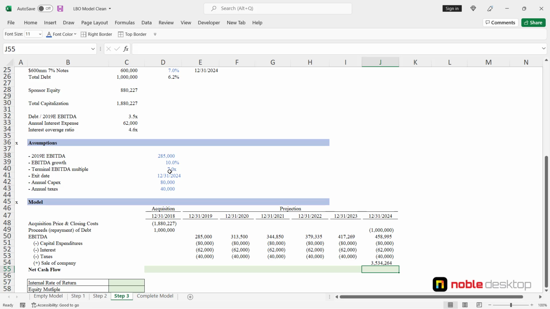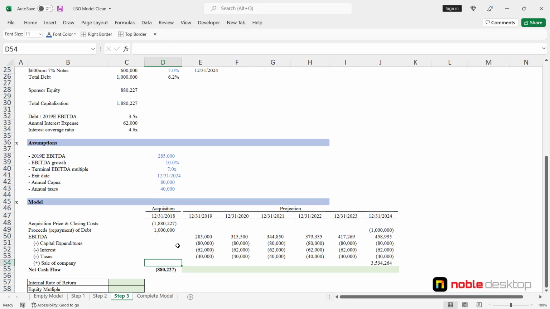Perfect. We are ready to calculate the net cash flow, which is a sum of everything above. I'm going to use the alt equal shortcut to auto sum, and I'm going to use what I call the bridge to fill it quickly to the right.